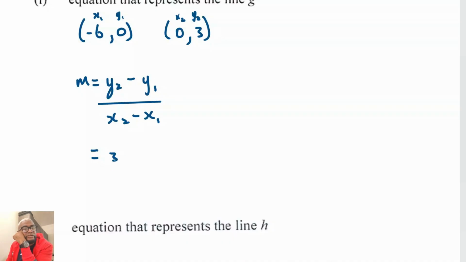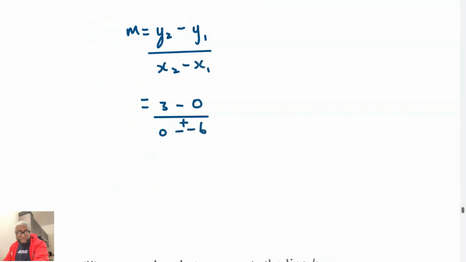Y2 is 3, so 3 minus 0 over 0 minus -6. A negative and a negative down here will be a positive. So what is the gradient here? M will be equal to 3 minus 0 is 3, and 0 plus 6 would be +6.